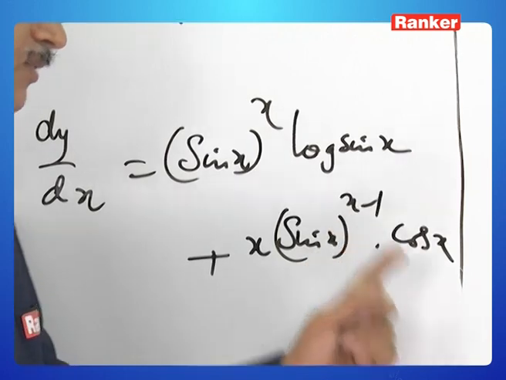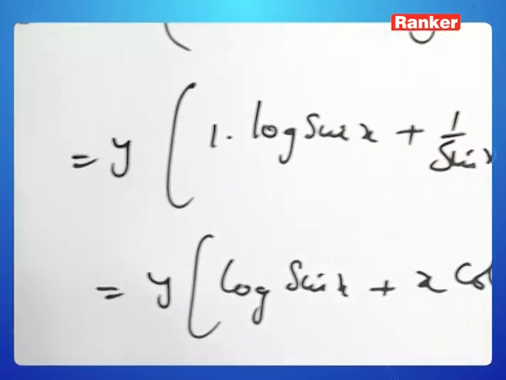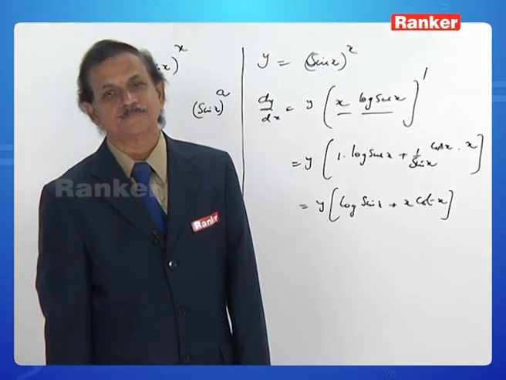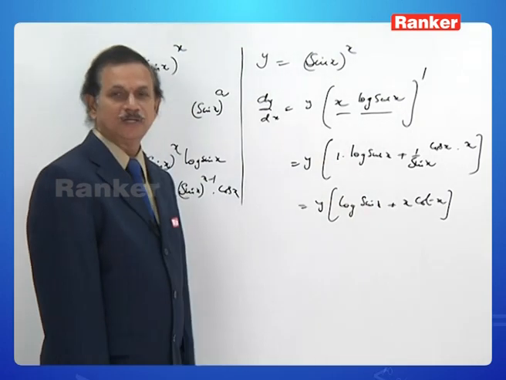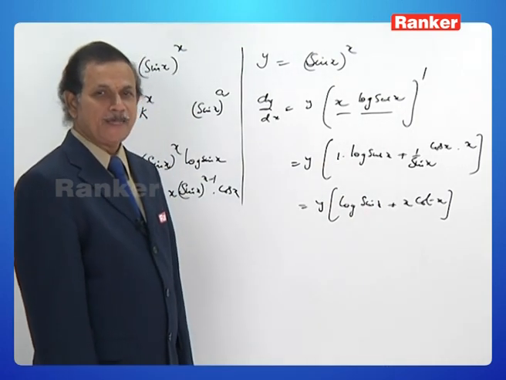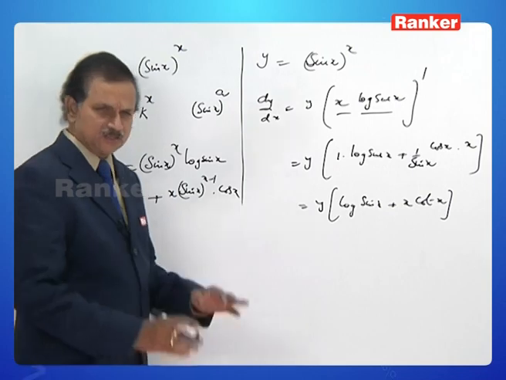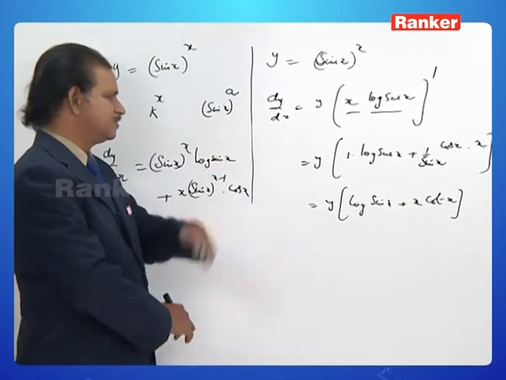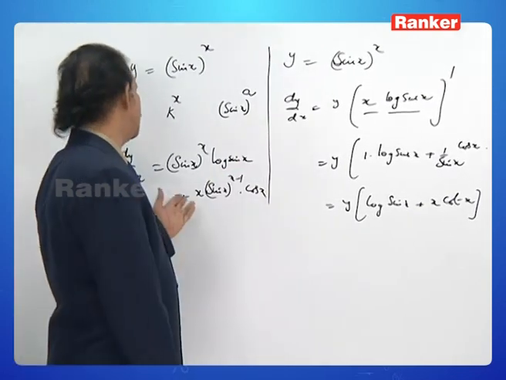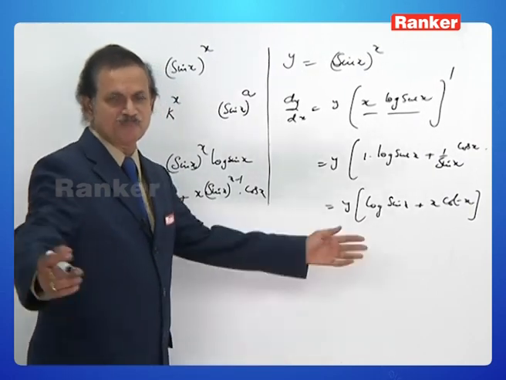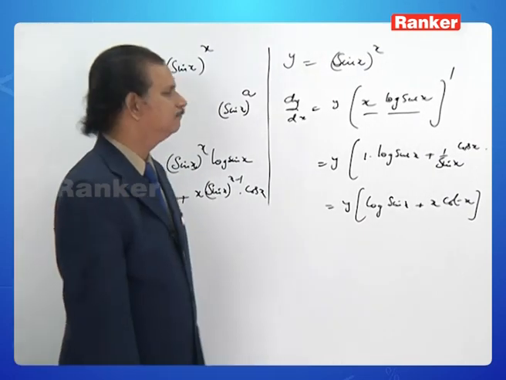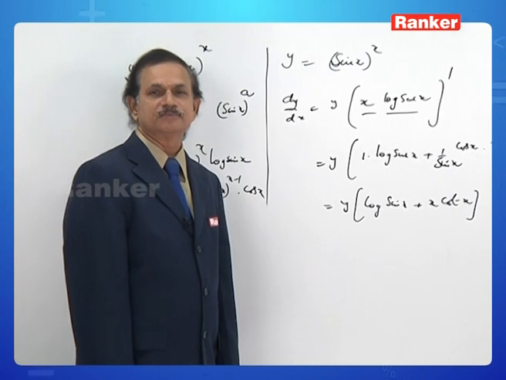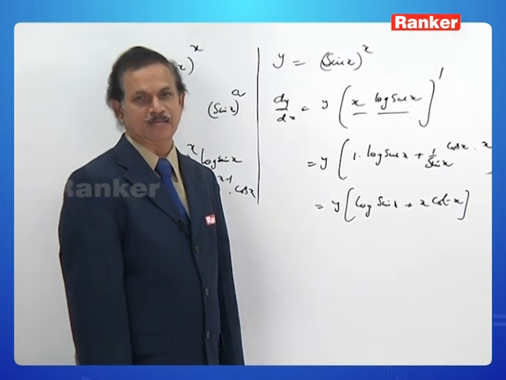So y into x cot x. Yes, you have. These are one and the same. See, in some problems you may find this easier, in some problems you may find that easier. Whatever procedure you like to have, you can. Yes, this is the way to get the answer.